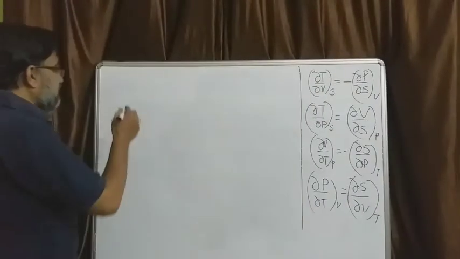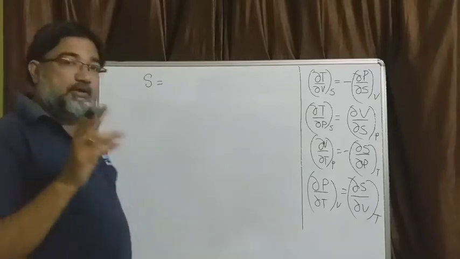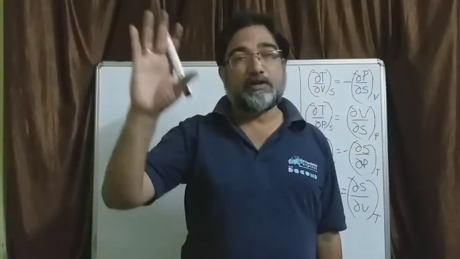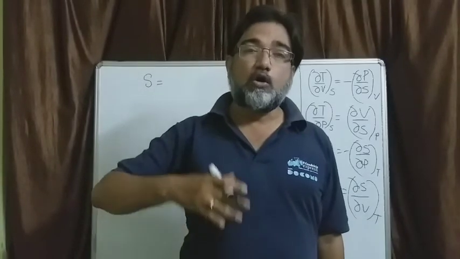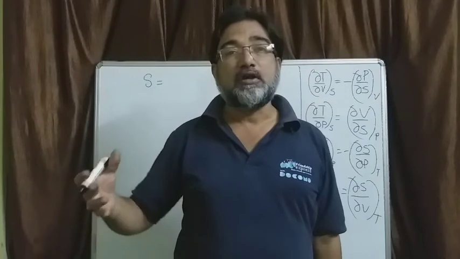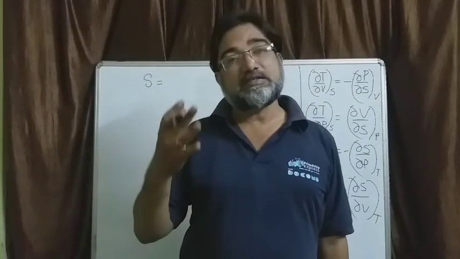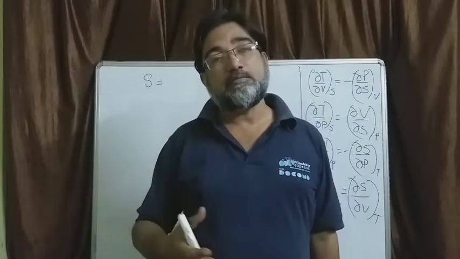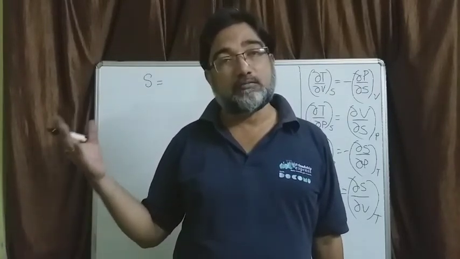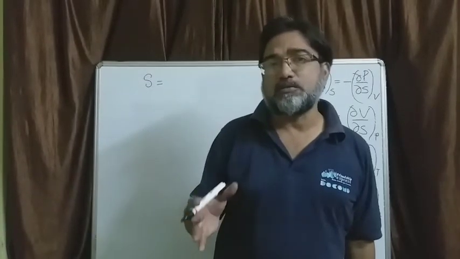Entropy is one of the properties, and any one property out of the 8 properties can always be expressed as a function of any 2 of the remaining 7 properties. That means S can be a function of P and T, S can be a function of P and V, and H can be a function of F and G. So anything is possible.